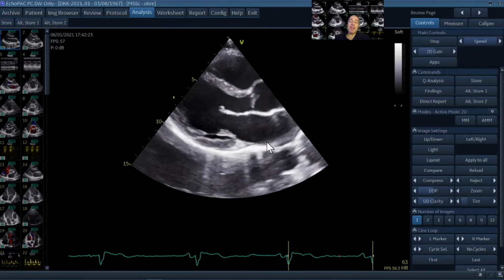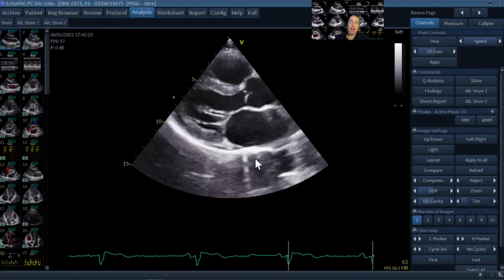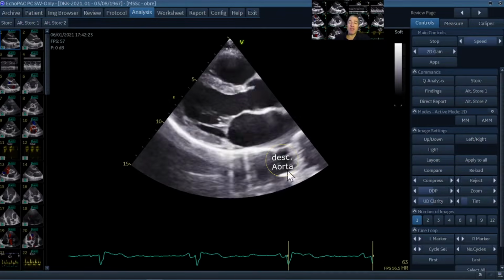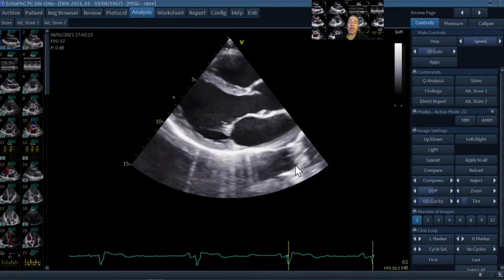Now, behind the left atrium, you always should also look what are the structures behind the left atrium, and you might see here not very clearly a round echolucent structure. Actually, this is part of the descending aorta. There should be only one aorta visible here.